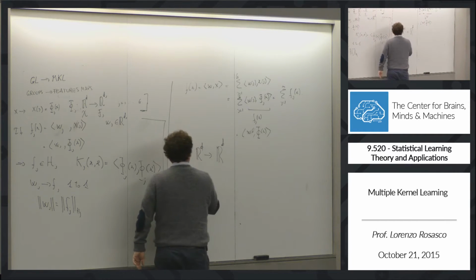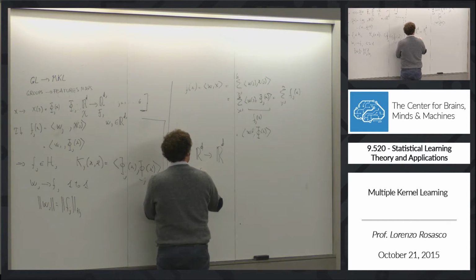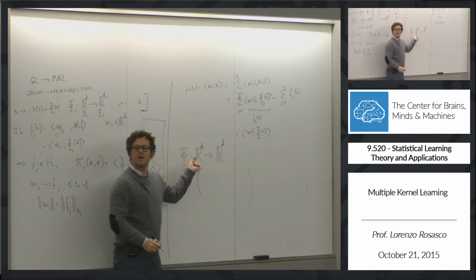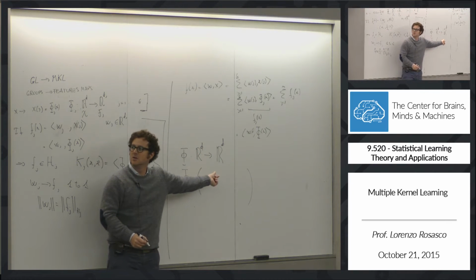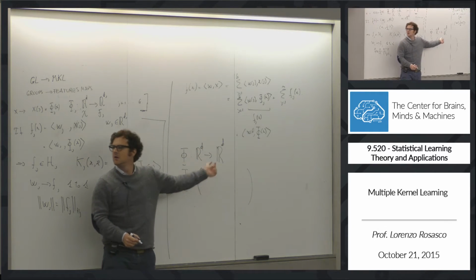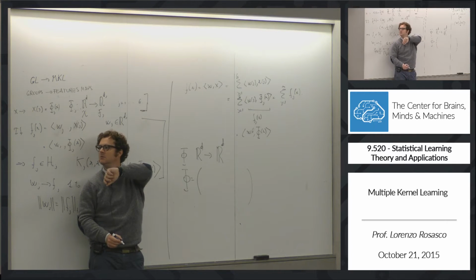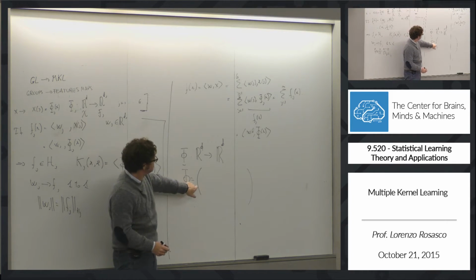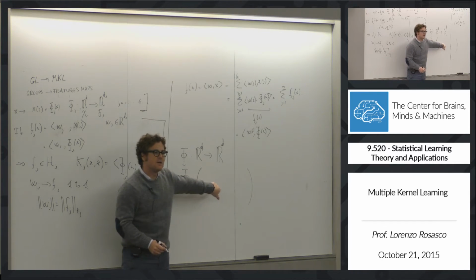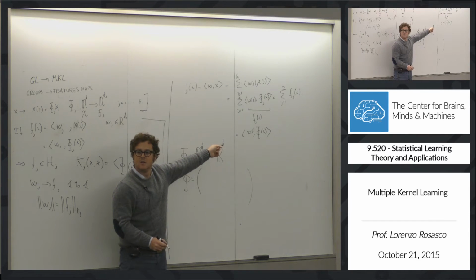And how does it look? As somebody said, this is just what? If I give you phi1 to phi g, this is going to be what? How can I write this using phi1 to phi g?